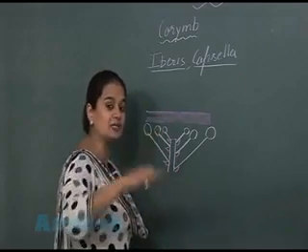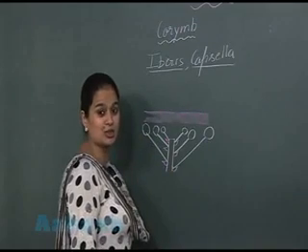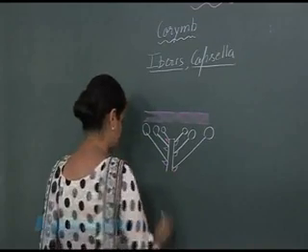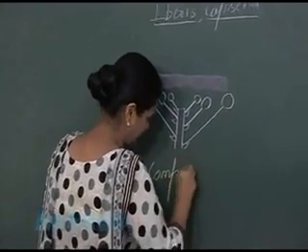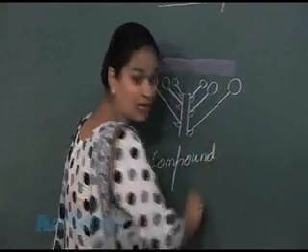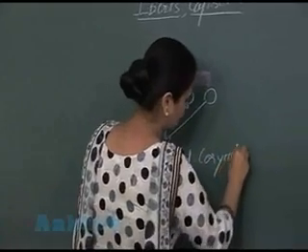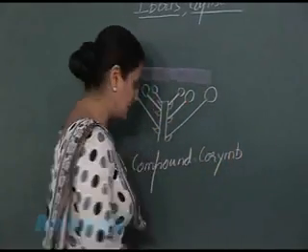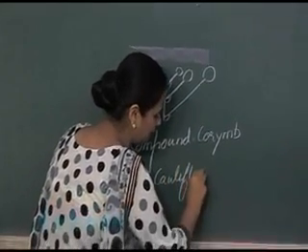When the inflorescence is branched, this type of inflorescence is known as compound inflorescence. So if the inflorescence axis is branched, we will call it compound inflorescence, and here we are talking about the compound corymb. The compound corymb is present in the case of the cauliflower.